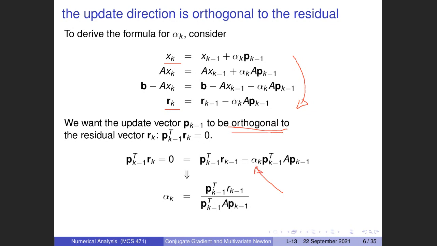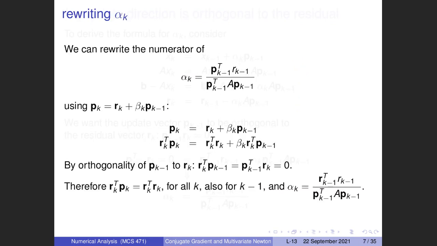So the condition that we impose on the new direction will actually, if we use that update direction, then give us an explicit formula for our alpha k.